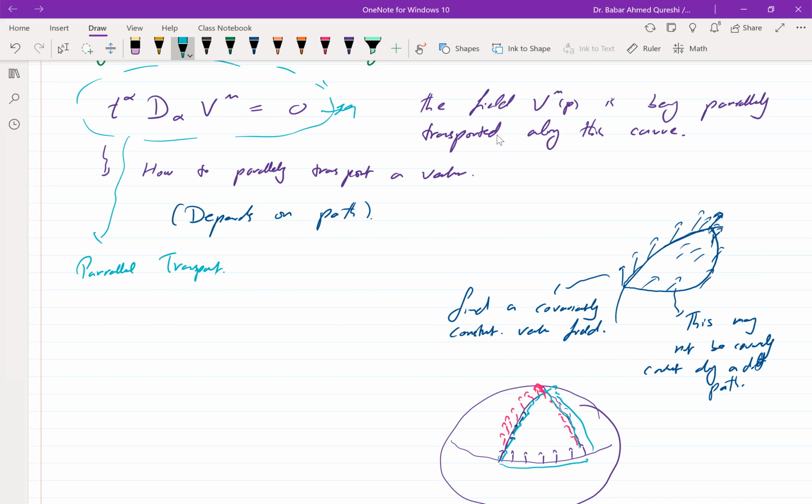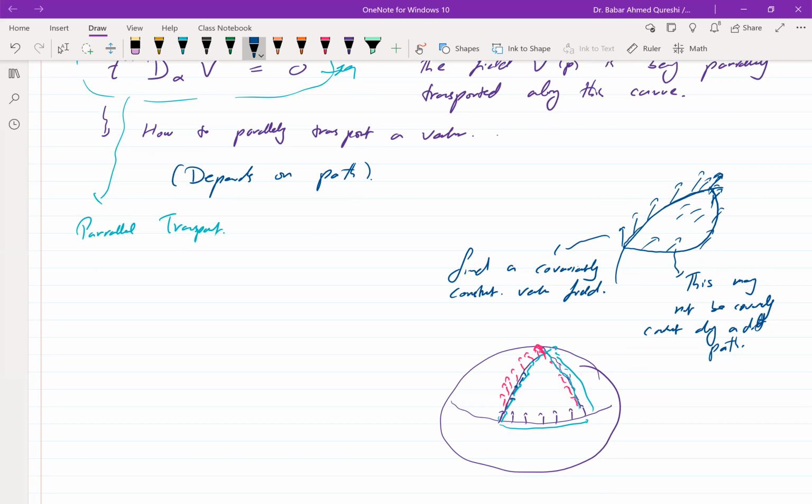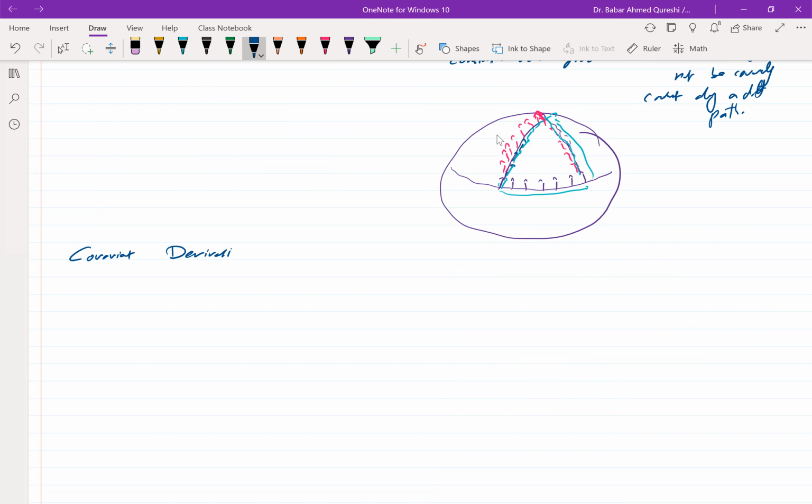So now you want some other conditions. What we have done so far is all about vectors, but we want to define it on arbitrary tensors. So you keep going and you want to define the derivative of a one form.